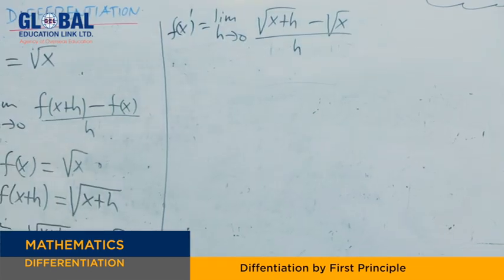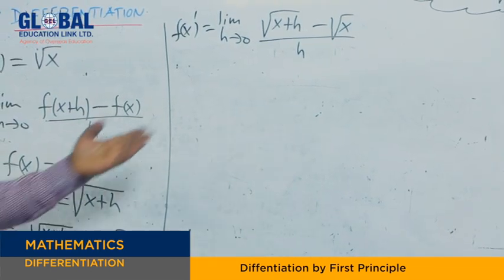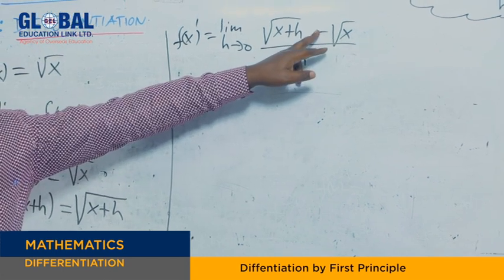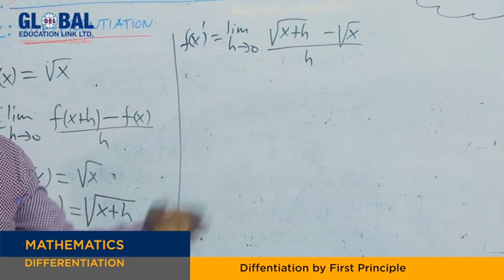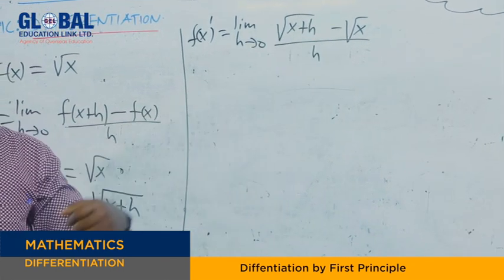Do you remember the rationalizing factor? Just change the sign. If it is negative, we change it into positive; if it was positive, we change it into negative.